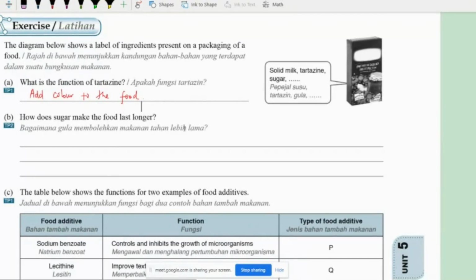What have you written for your answer? Did you write any answer? You didn't write.